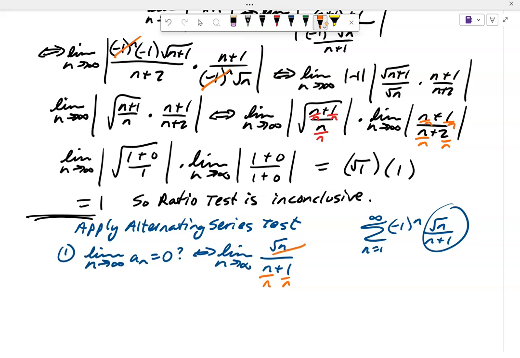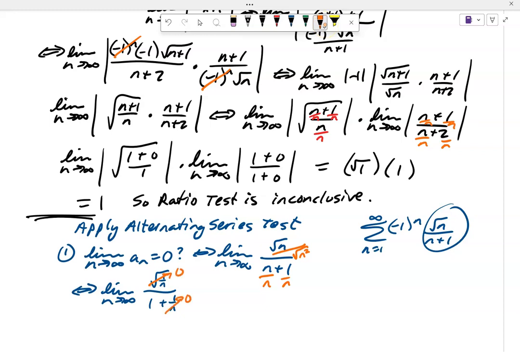Dividing by n is the same as dividing by the square root of n squared, right? And so what we have is the square root of n over n squared, or 1 over n. And so this will go to 0, that'll go to 0.